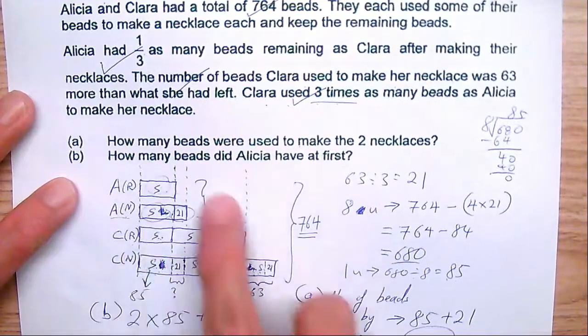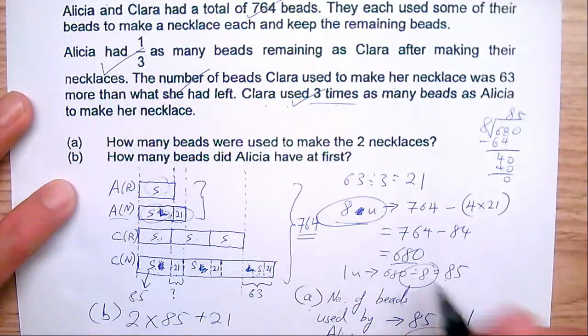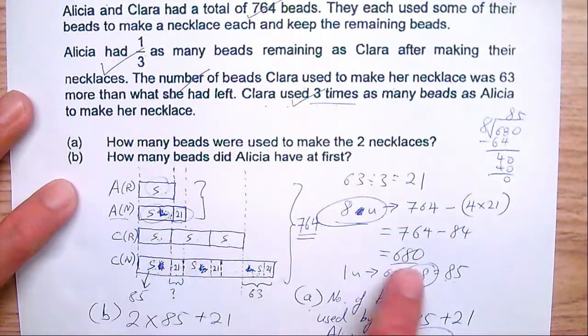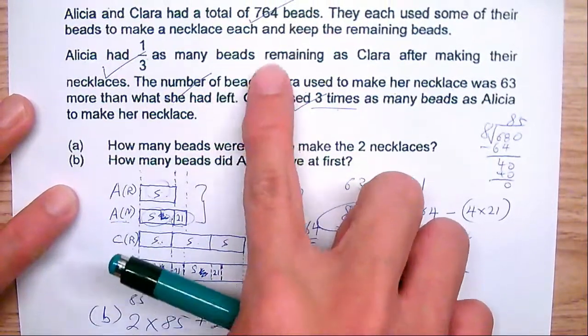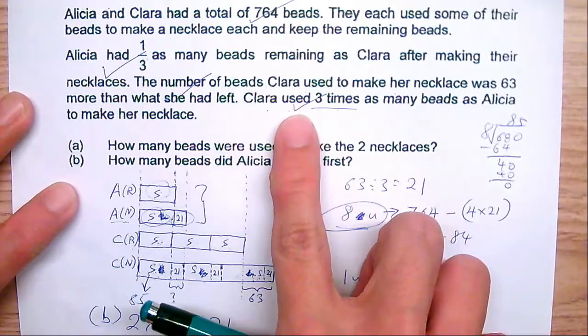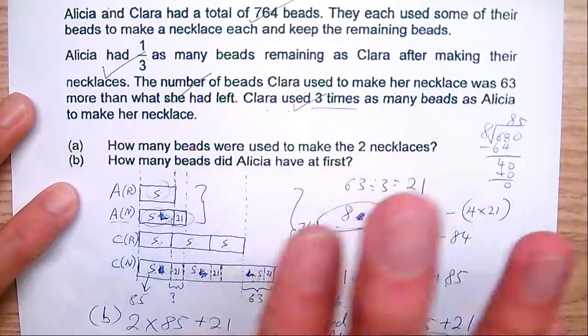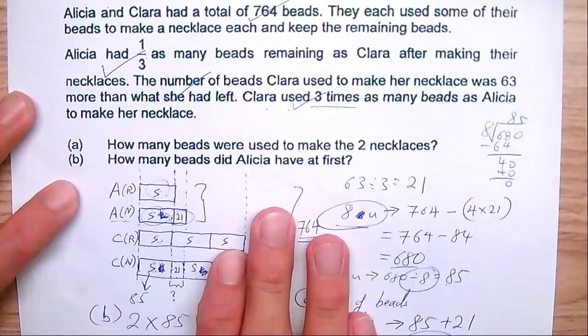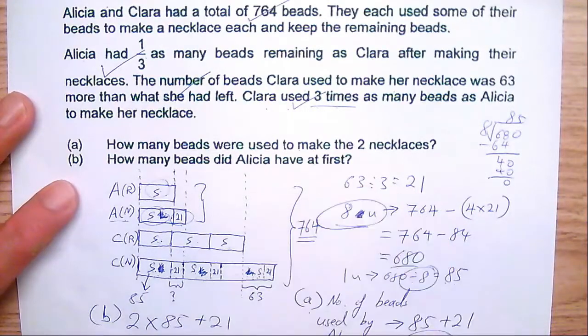After you convert each of them to be the same, that's why you can do this, and then you can divide by 8. If they are of different lengths, how are you going to divide by 8? You can't do it, right? So these are all the strategies needed to tackle very long fraction problem sums, which a lot of students find very challenging to do. Okay, so this will split the stronger students from the weaker students, and I hope that you all can benefit from this video. Alright, done.